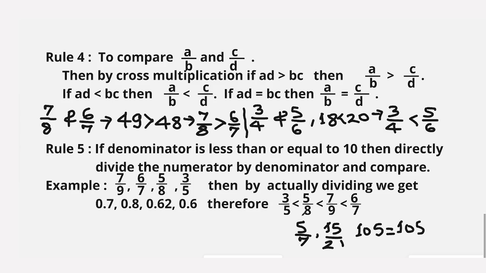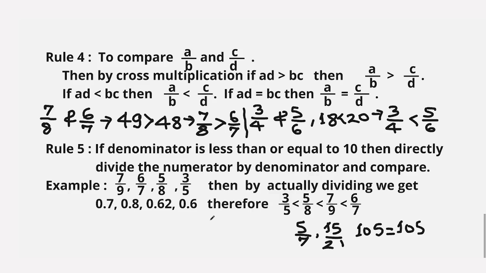So we write 5 upon 8, and the third number in ascending order is 0.7, which is 7 upon 9. So we write 7 upon 9, and the last is 0.8, which is 6 upon 7. So we write 6 upon 7, which gives us 3 upon 5 is less than 5 upon 8 is less than 7 upon 9 is less than 6 upon 7.